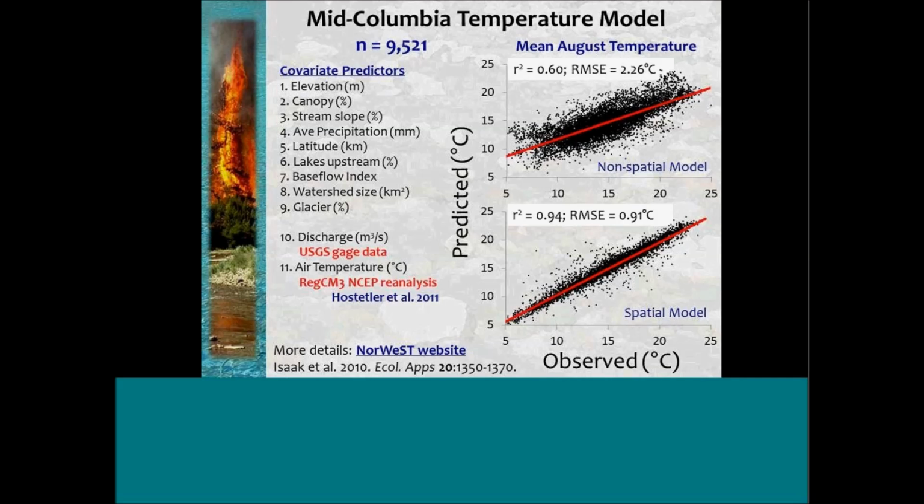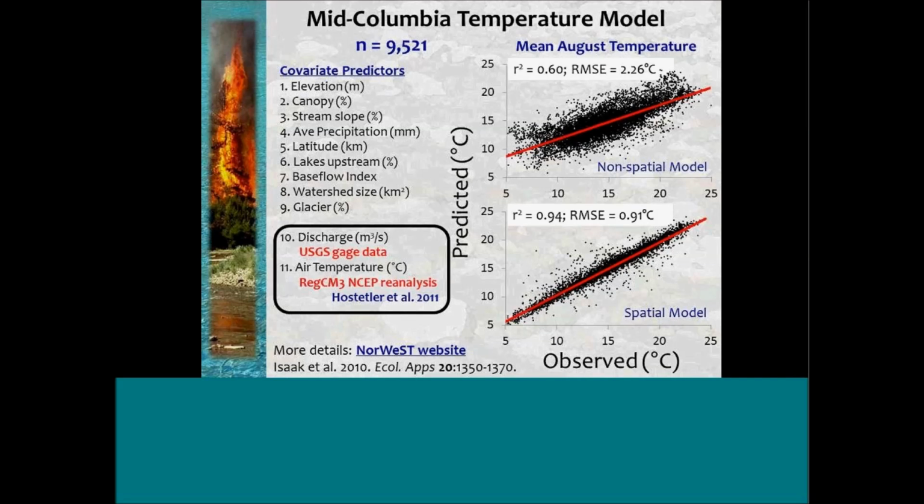Okay, so of those variables, the first 9 or so are spatial variables. Those are spatially fixed attributes of the landscape. The bottom variables, discharge and air temperature, allow us to account for the changes that occur between years and represent that interannual climate variability. There we use the discharge values that are measured at the USGS gauging stations within a river basin.